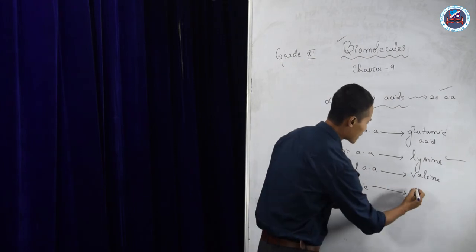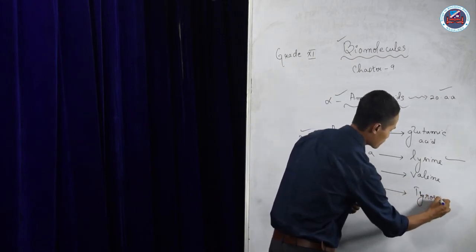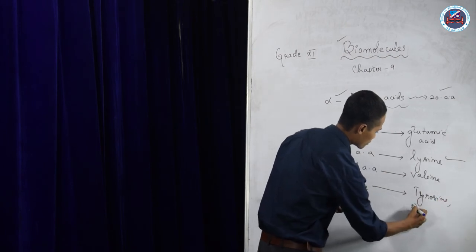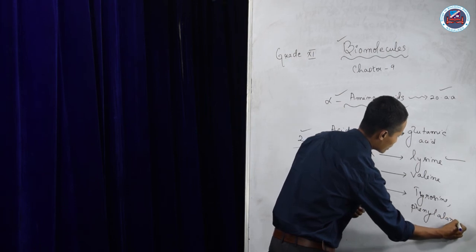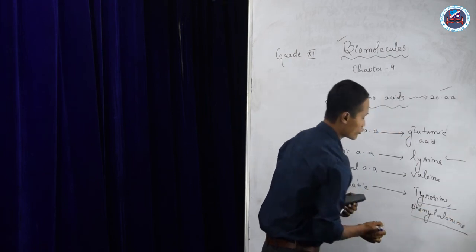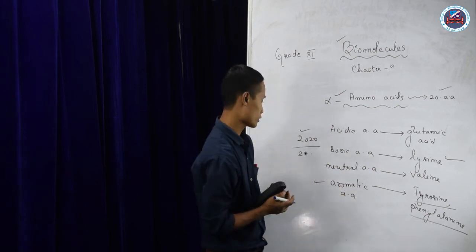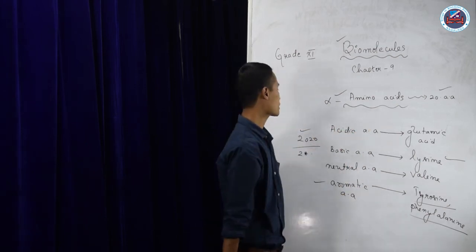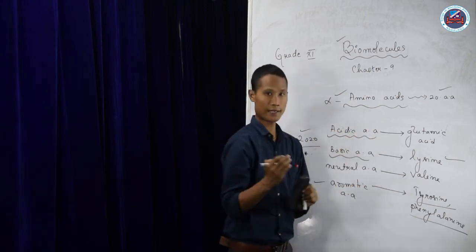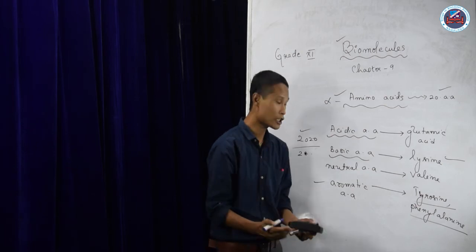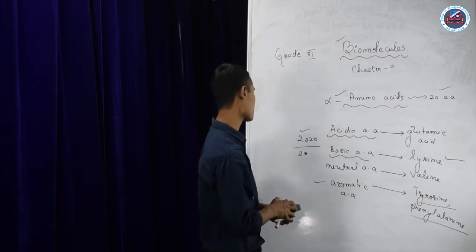These aromatic amino acids are like tyrosine, phenylalanine, and tryptophan. So these are different kinds of amino acids based on categories. It may be acidic, basic, neutral, or even aromatic amino acids.